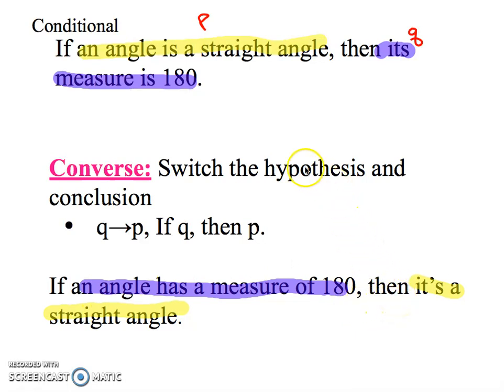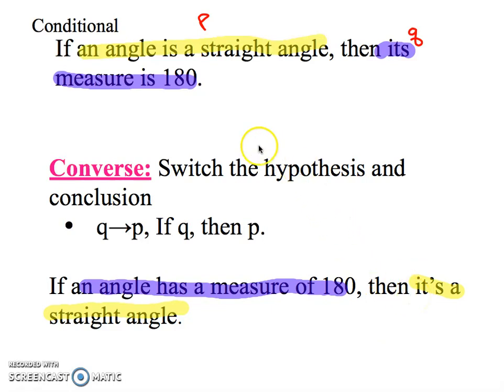Notice up here from my conditional, I highlighted my original hypothesis in yellow. And then notice I went down to my converse, and my hypothesis is now after the word then.